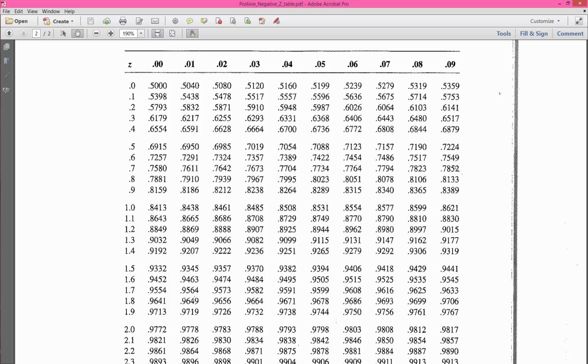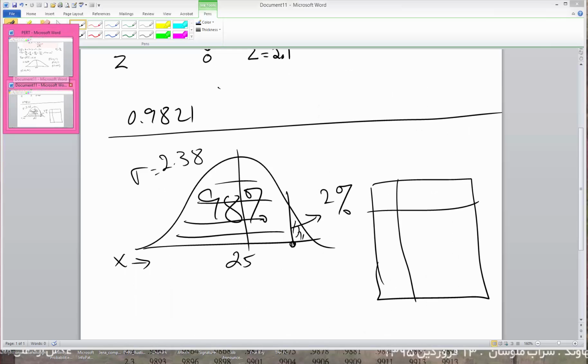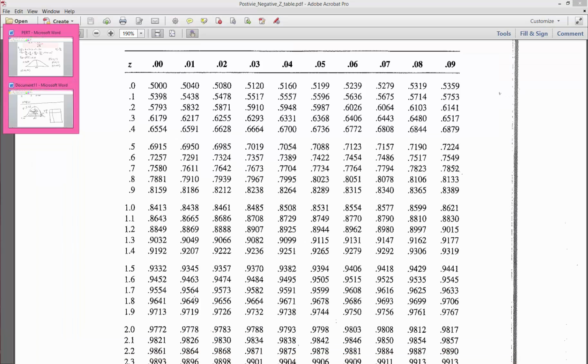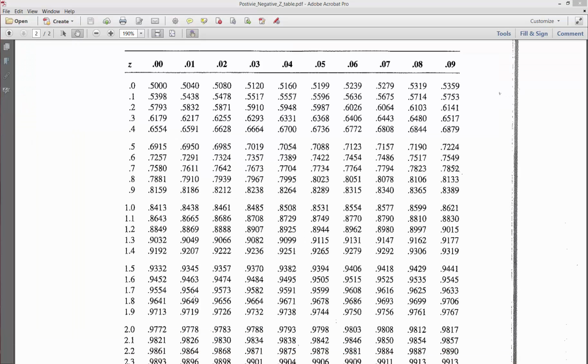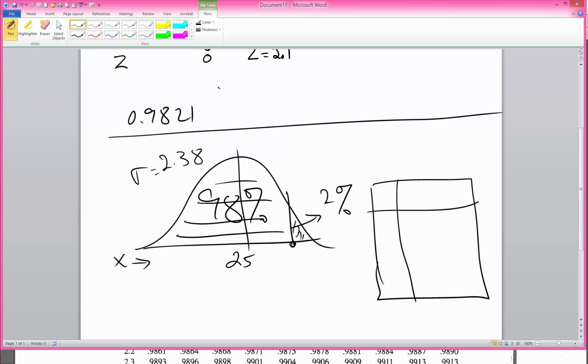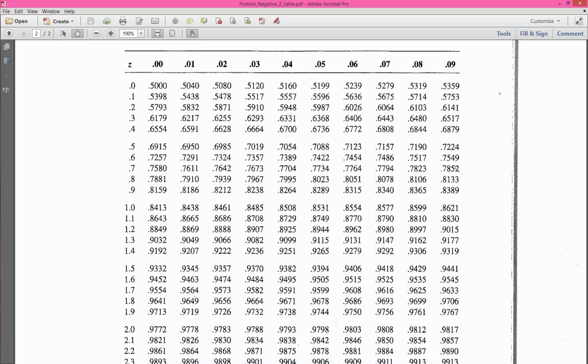So if I go to my paper, the z-value is 2.06, with the standard deviation 2.38.